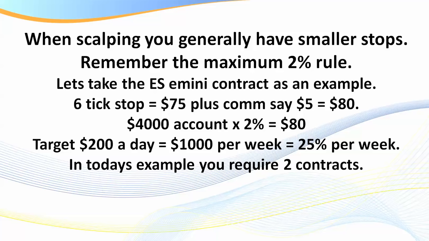If we take the E-mini contract, the futures contract, as an example, a 6 tick stop, where a tick is $12.50 USD, is $75, plus if you add in the commission when you actually trade and you have a loss, that's $80. So on a $4,000 account, 2% is $80. So to trade per contract, you need $4,000.